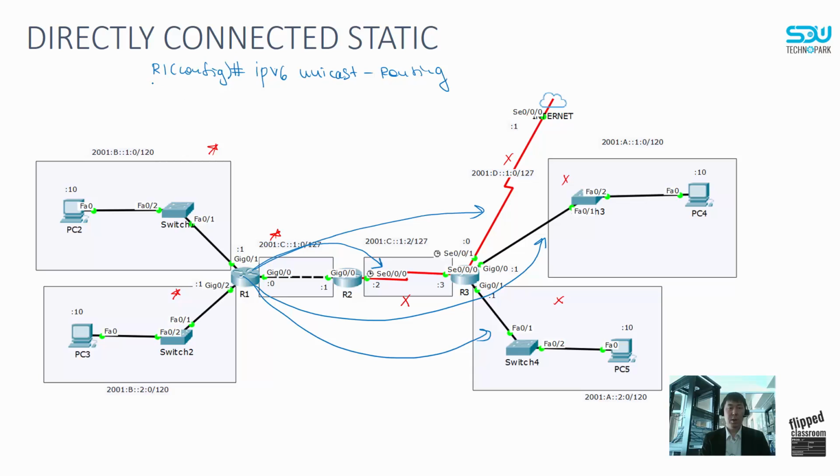Second step, you have to go to the global configuration mode on the router and type the command ipv6 route, then provide this network 2001C:1 2 with prefix 127.